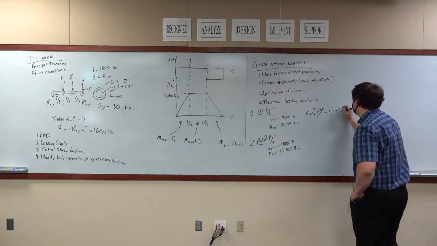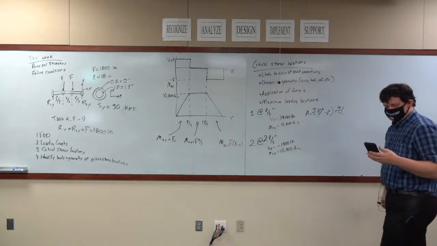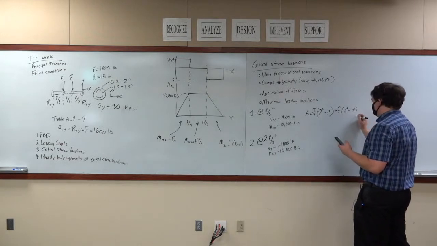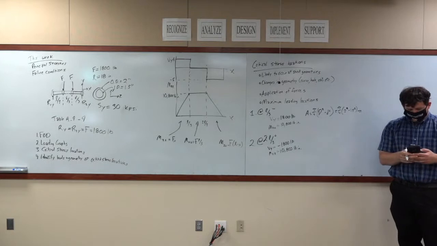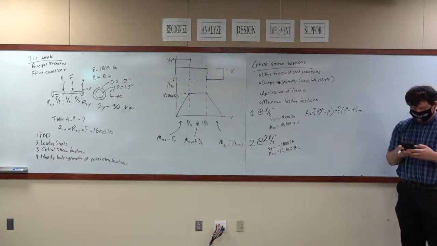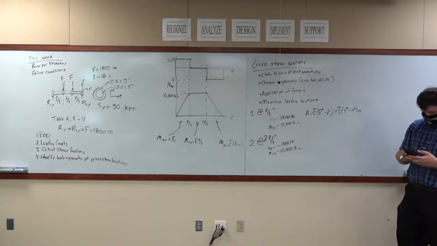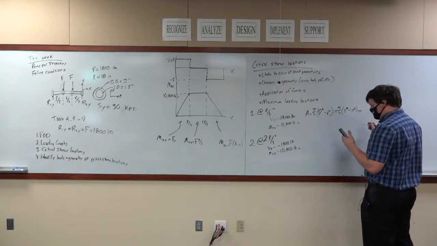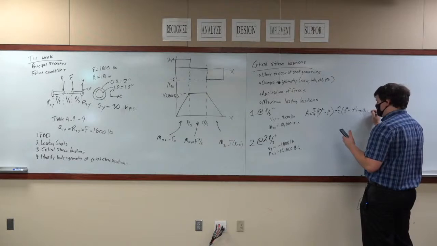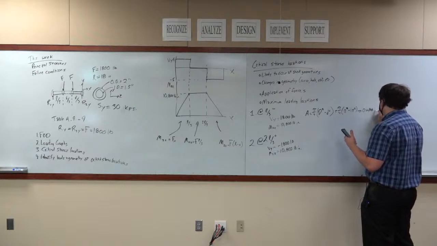Which is equal to pi over 4 times 2 squared minus 1.5 squared, which is equal to 0.4488 inches squared.